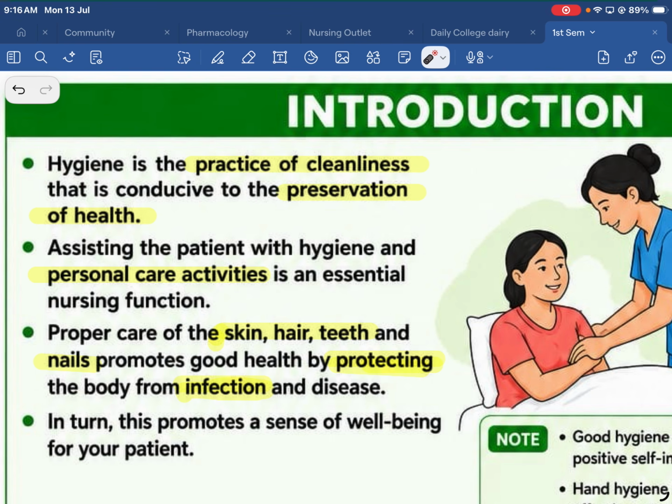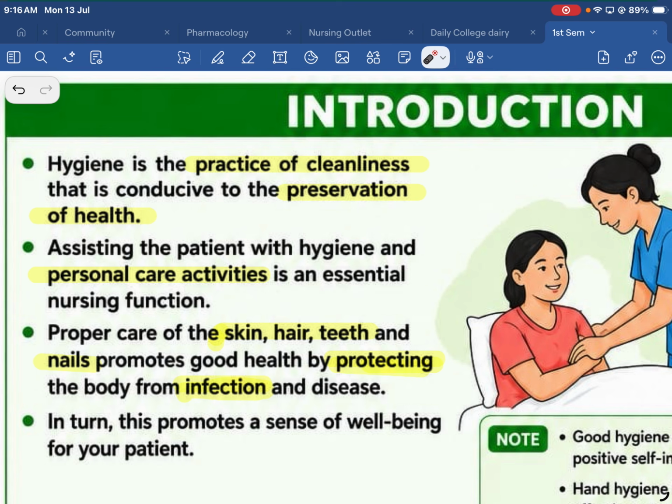Hygiene means the practice of maintaining cleanliness that is conducive to the preservation of health. If you want to preserve or promote your health, you need to maintain hygiene. So what is the meaning of hygiene? The practice of maintaining cleanliness.